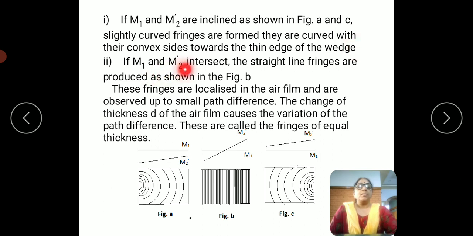If M1 and M2 dash intersect, straight line fringes are produced, as shown in this figure. These fringes are localized in the air film and are observed up to a small path difference. The change of thickness d of the air film causes a variation of the path difference, and these are called fringes of equal thickness.